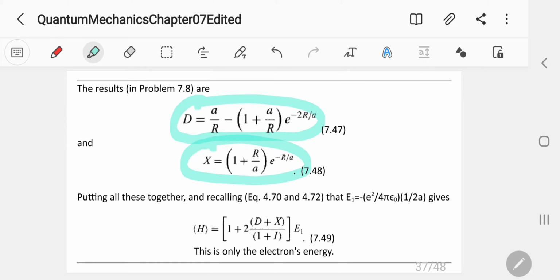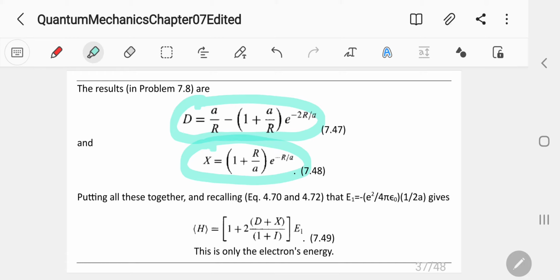I mean, to prove the results, you have to solve problem 7.8. But anyway, it's not really bad to accept the results for D and X.